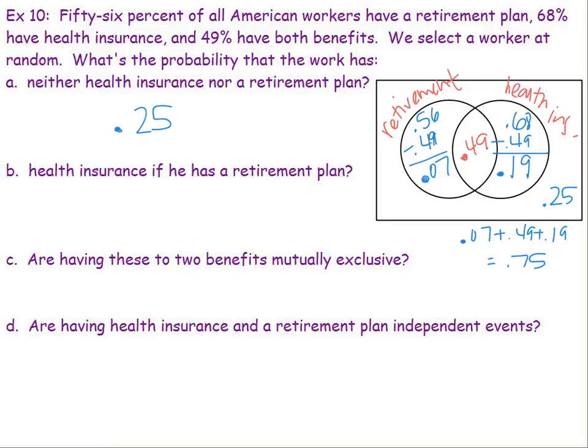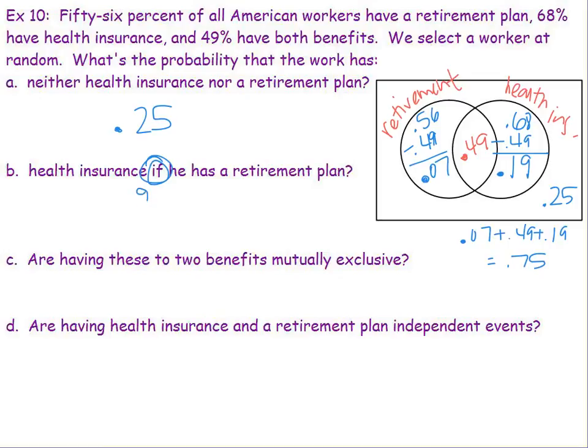Now we're asking, what's the probability that the worker has health insurance if he has a retirement plan? Well, we haven't seen the word if, but it's actually an important word. What word have we been using that we could put there and it would sound exactly the same? Hopefully you're thinking the word given. What's the probability that the worker has health insurance given he has a retirement plan?